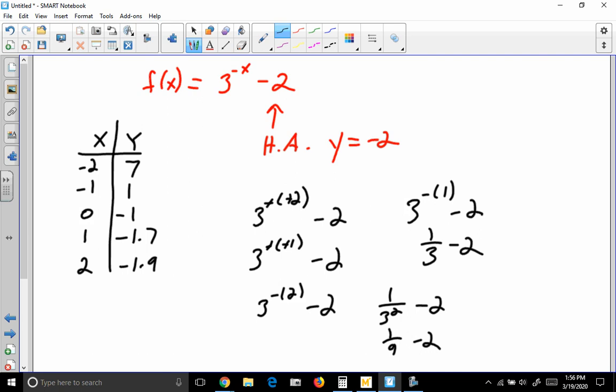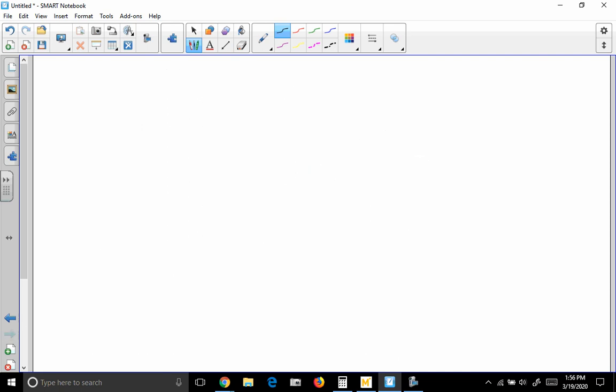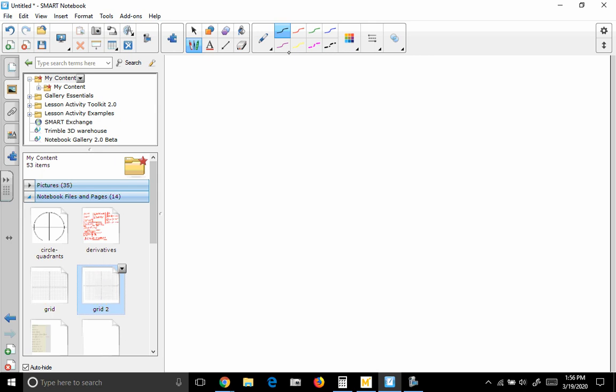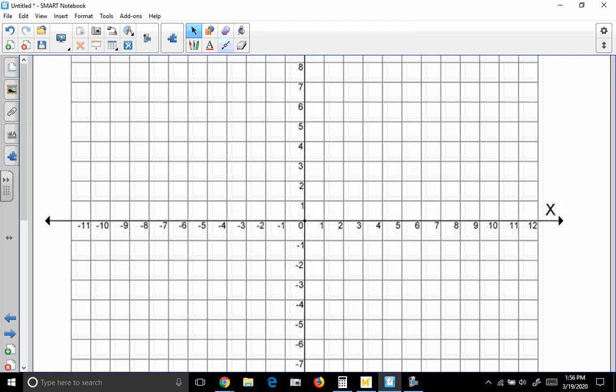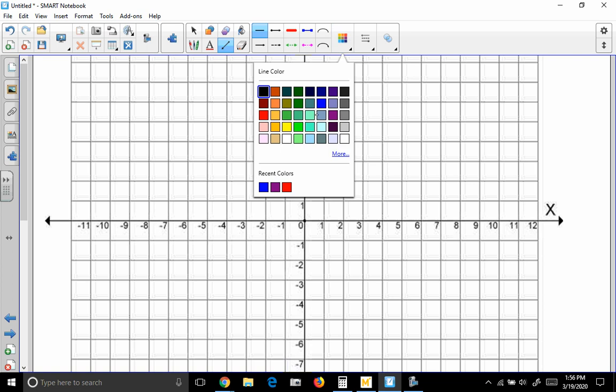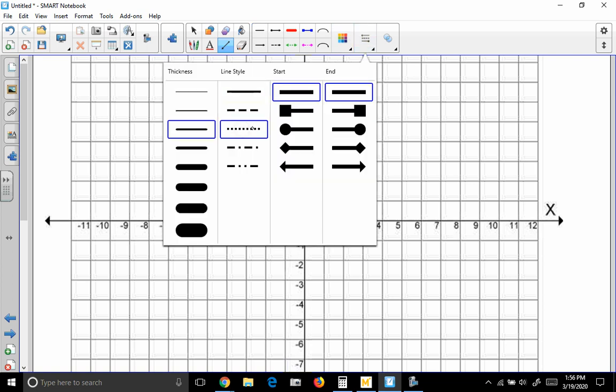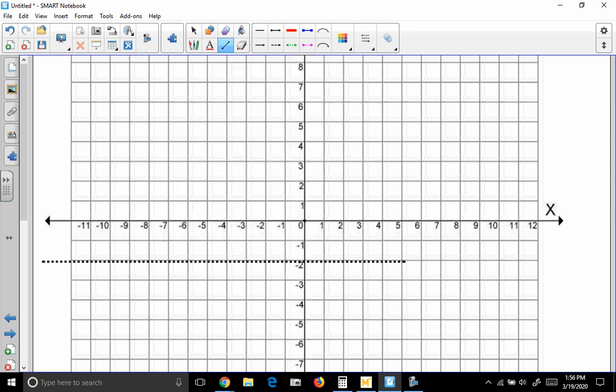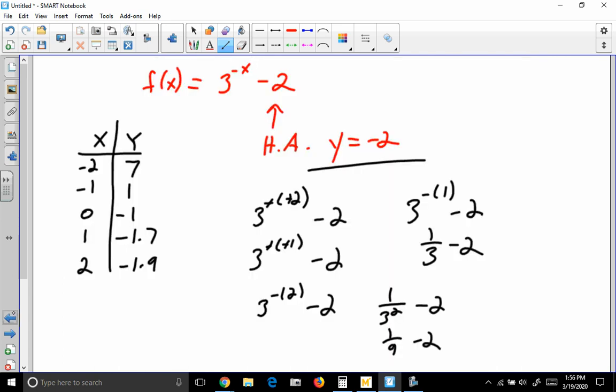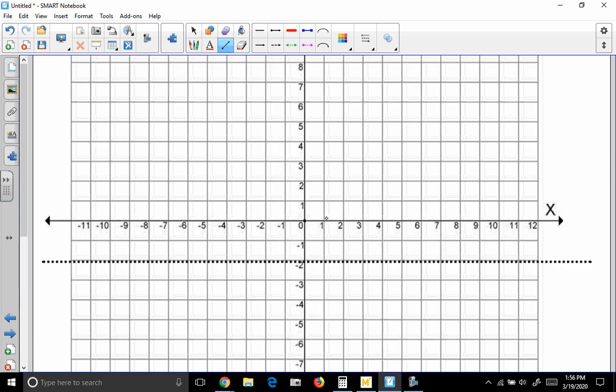So we can graph those, and remember we have a horizontal asymptote at y equals negative 2. So we pull up our graph, we come into negative 2, and there's our horizontal asymptote. And now let's just look at the table. Negative 2, 7.